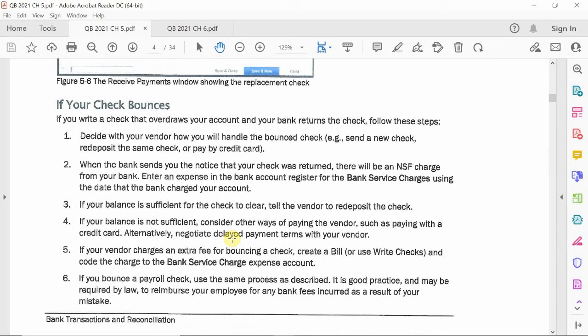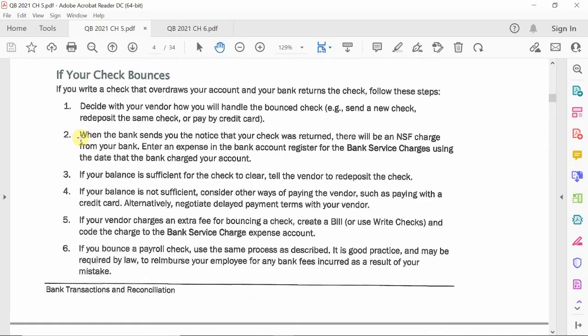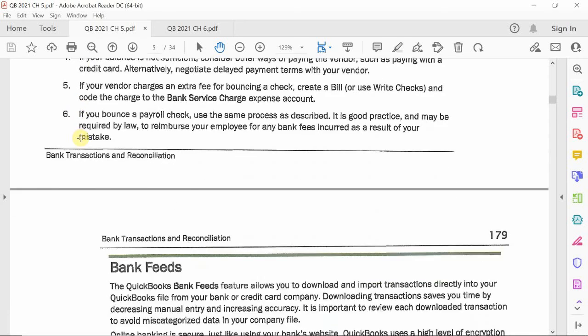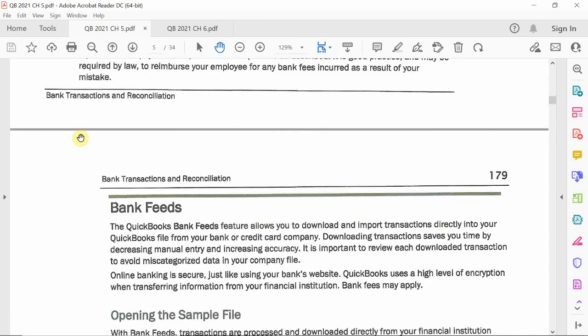Not all companies are forgiving. You can plead your case, saying, I'm so sorry, this won't ever happen again. They can revoke their decision on that. But other than that, here are a few steps you can take if you wrote the faulty check.